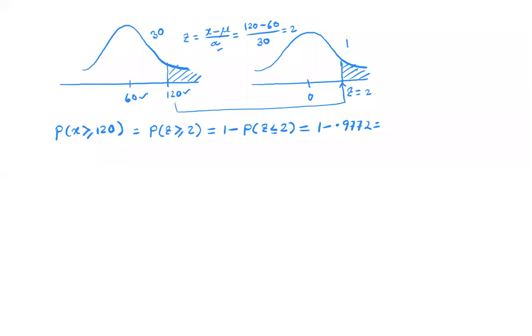All right. So that's going to be 1 minus 0.9772, which is 0.0228, which is about 2.28%.